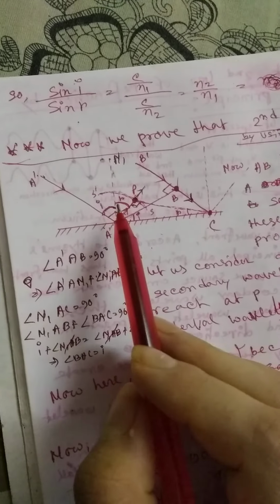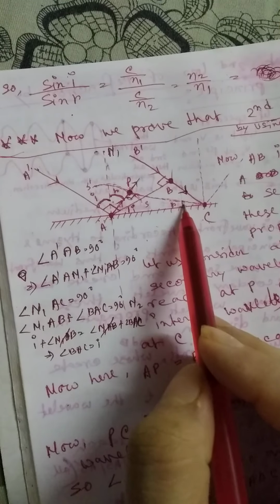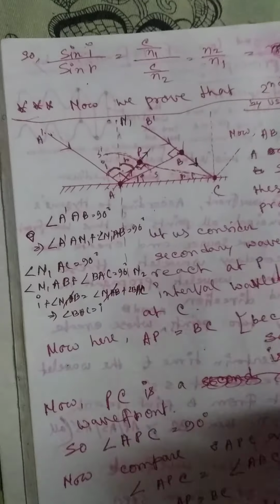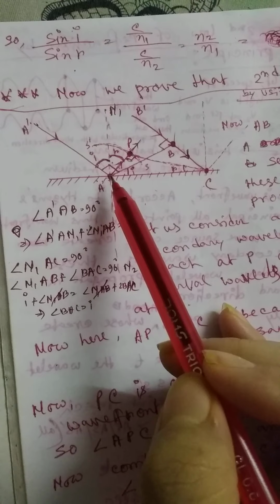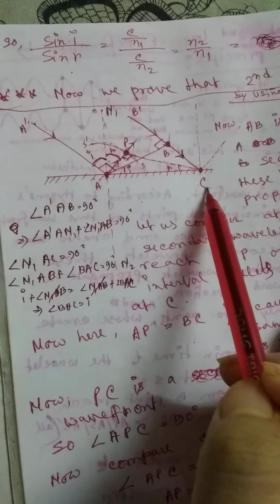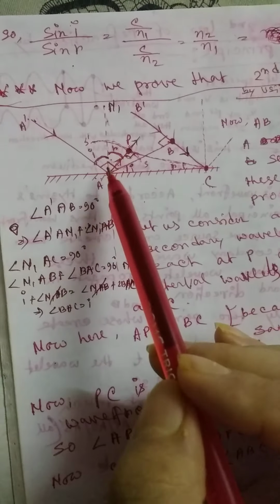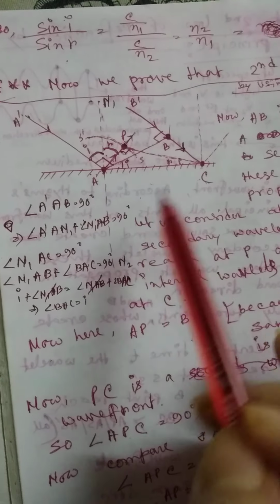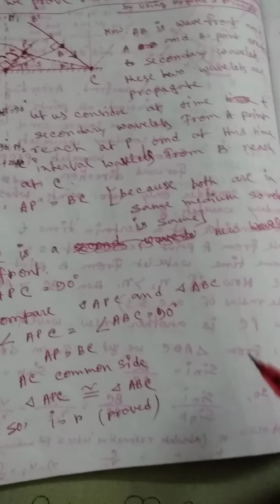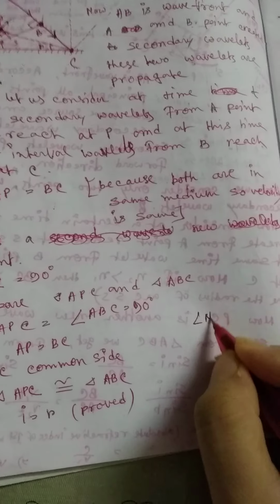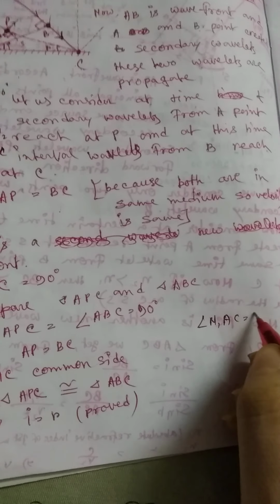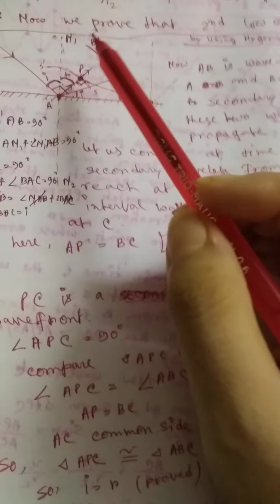Next, we will prove that if this angle is R, then this one is also R. Just look at here, N1AC equals 90 degree, right?